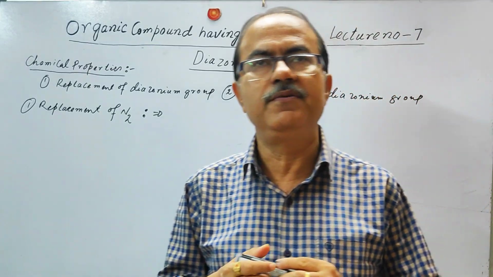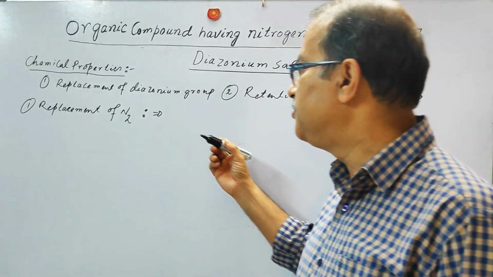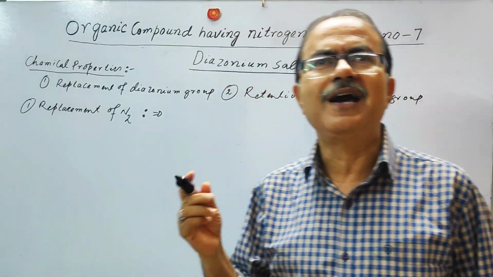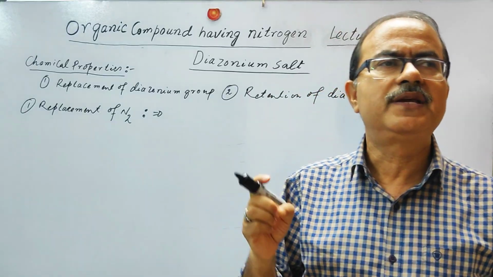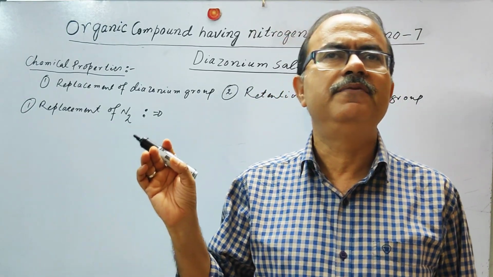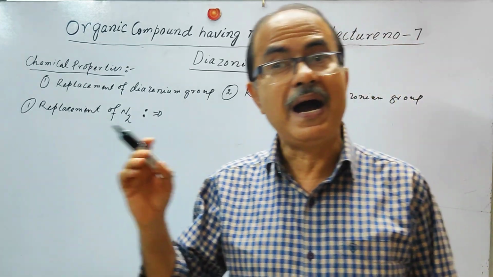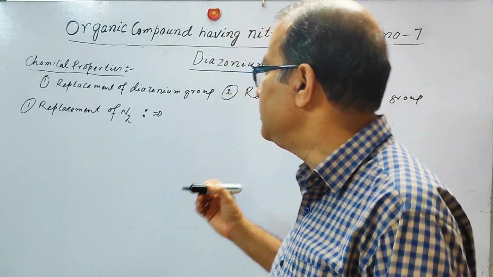That is why this is a very important compound. In this process the diazonium group is a very good leaving group, so it can easily be removed and substituted by another group. That is what we are going to discuss.